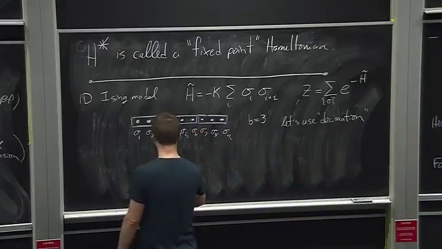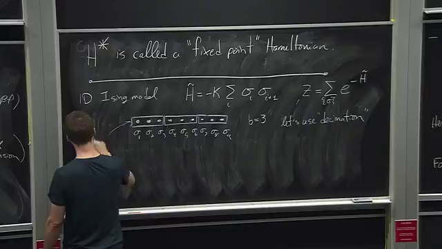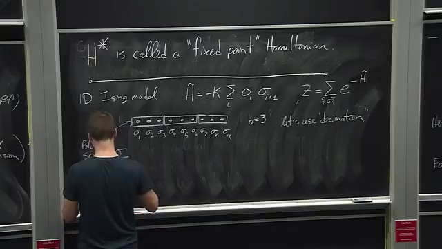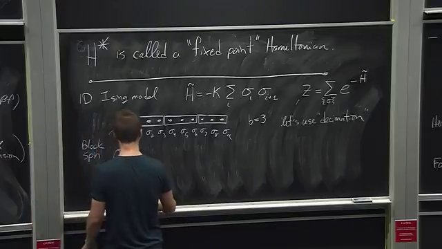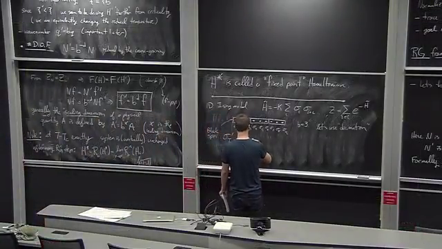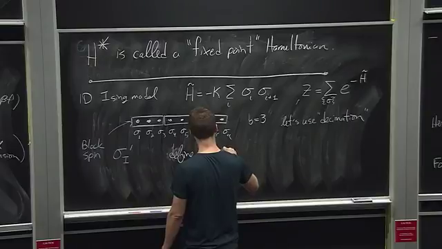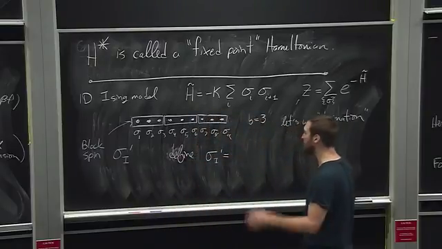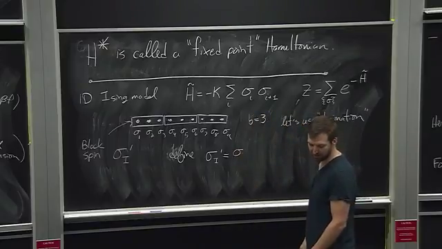So let's call a block spin sigma_i prime. i is just the number label. Prime means I'm at the next length scale, the coarse grained. And let's just define the block spin to be just sigma of the center.